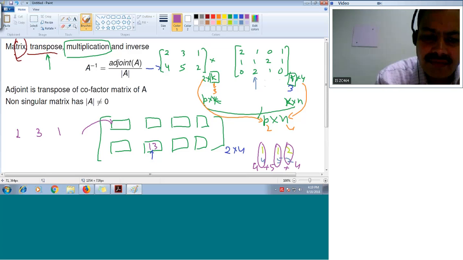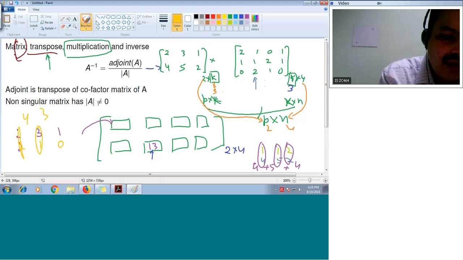And since it is the first column, you take the first column over here, 2 1 0. These things are taken, and then term by term you do the multiplication. It becomes 4, it becomes 3, it becomes 0. Now what is the addition?